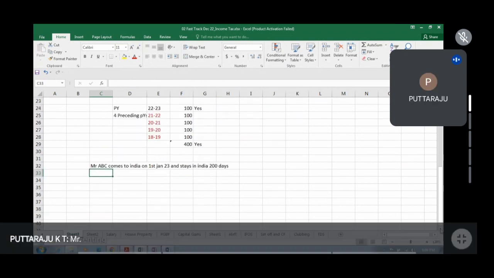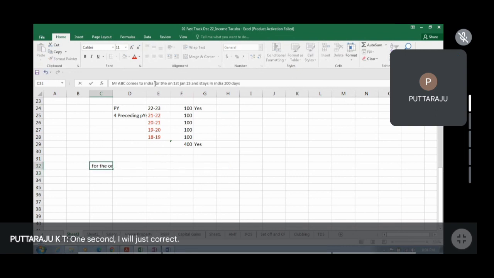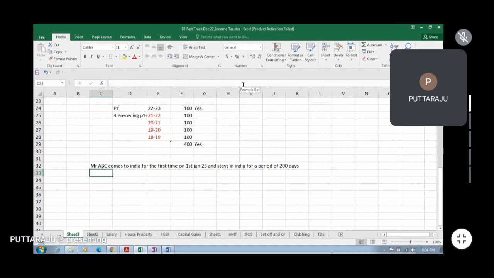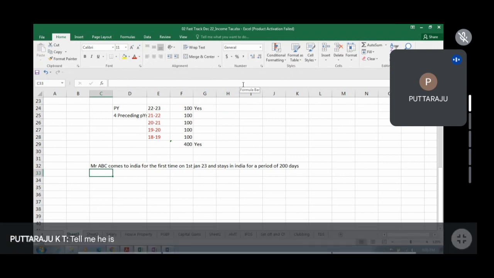Mr. ABC comes to India on 1st January 23 and stays in India for 200 days. Tell me, is he resident or non-resident?